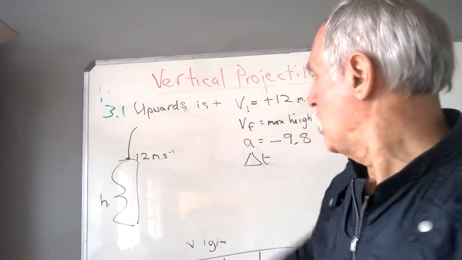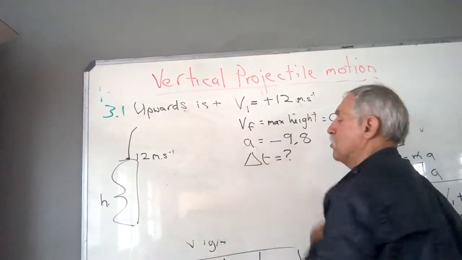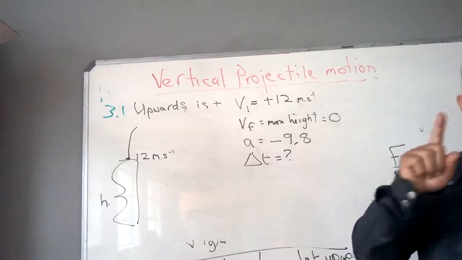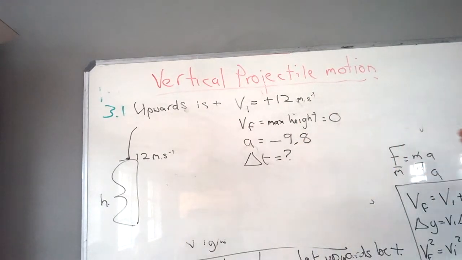But now, we know we've got to find delta t, so you put a question mark. Now, is there anything else we know? No. So let's go to our equations of motion. What of these equations can we use if we've got V final is 0, V initial is plus 12, A is minus 9,8?